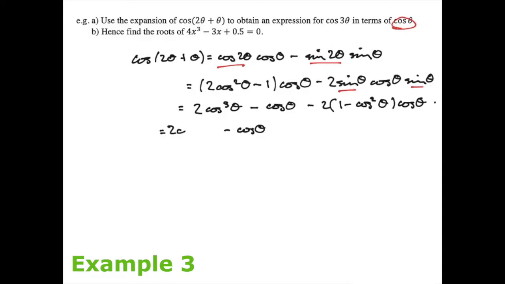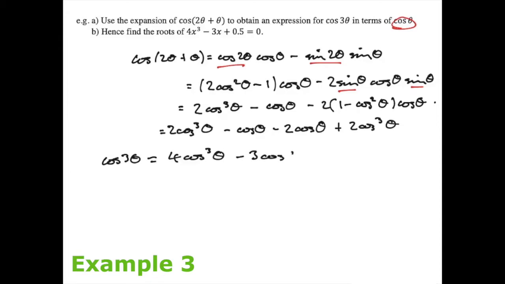And this one will be negative 2 cos theta, and then negative 2 times negative cos squared times the cos squared will give plus 2 cos cubed theta. So group all our like terms. Well, this will be cos 3 theta, and it's 4 cos cubed theta minus 3 cos theta.